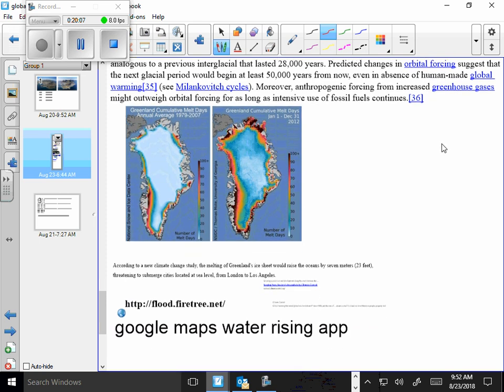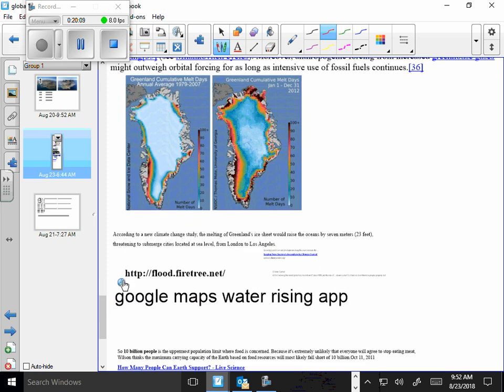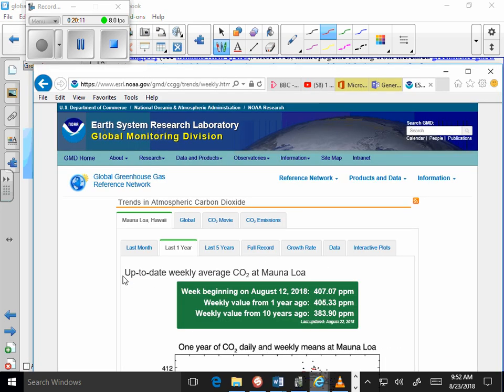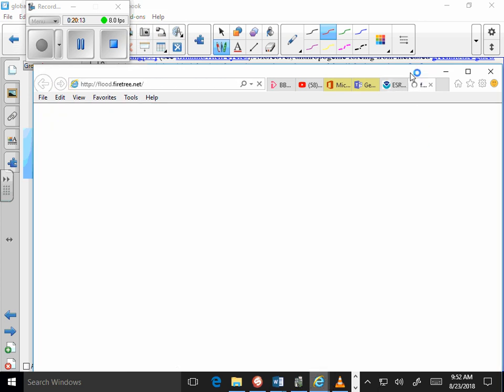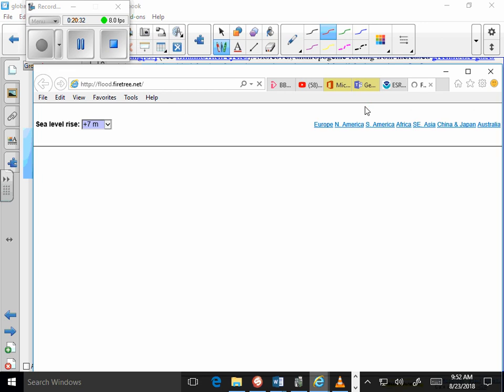But wait, because then there was this one, and I just have to show you this. Google has this wonderful app, attached to Google Maps, but you can go here and move the water level rise and go around the planet and see what it would look like. Like Miami.